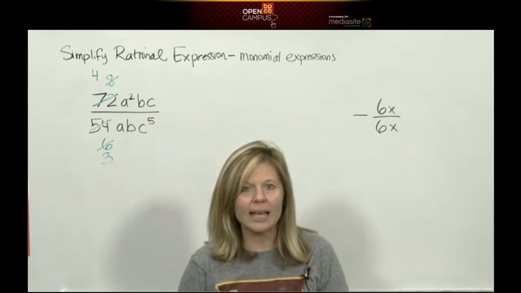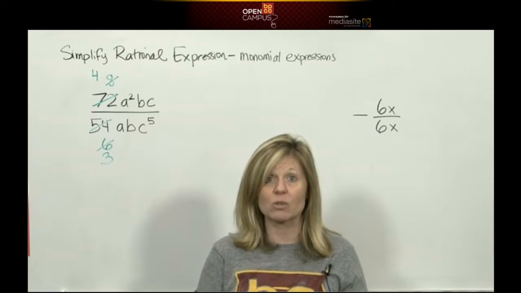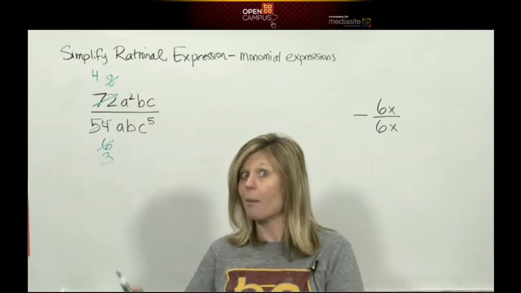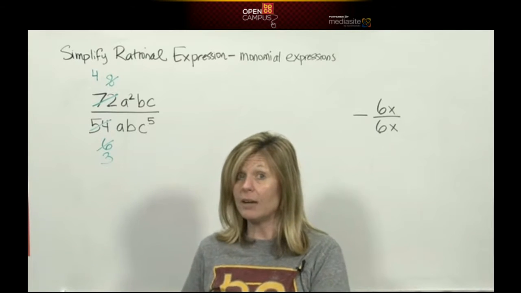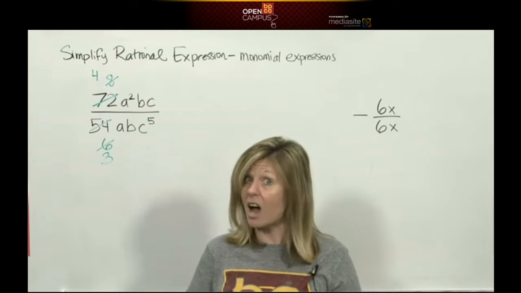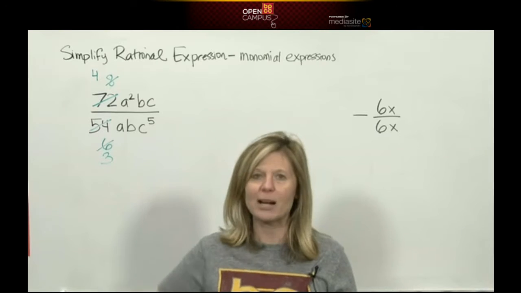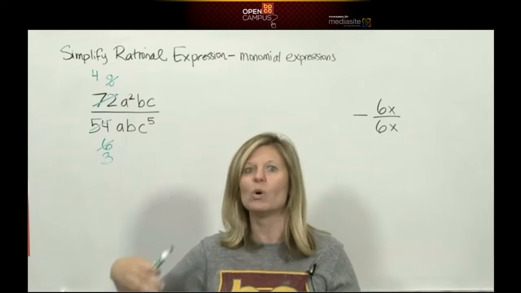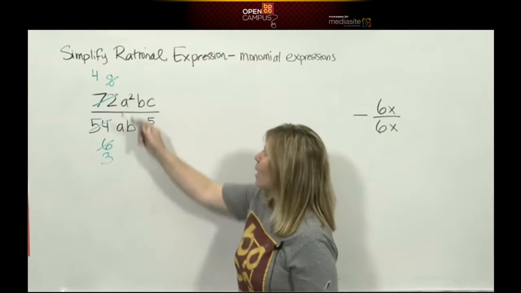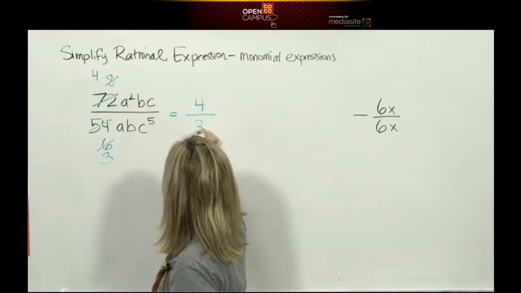It is okay if you do it in 2 steps, as long as the directions don't say, tell me what the greatest common factor is. If your directions say, what is the greatest common factor of 72 and 54, and you say 9, you're wrong, because we had to reduce again. Because then we had to divide by 2. So 9 times 2 was 18. But now we got it in the lowest terms. So we have a 4 in the numerator, a 3 in the denominator.